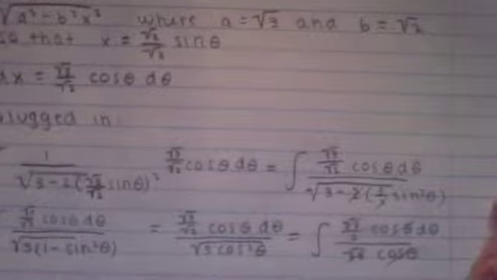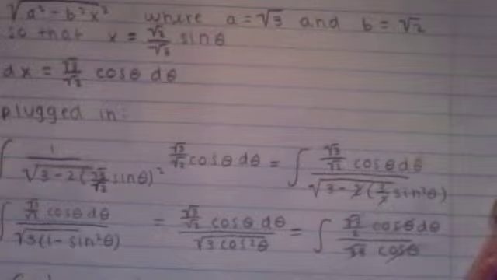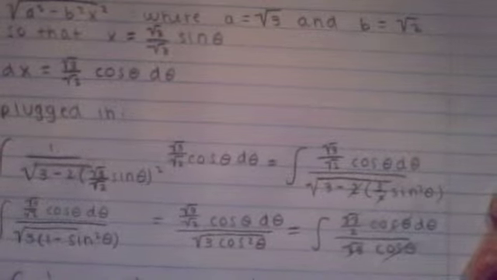Once you've plugged in cosine squared theta for 1 minus sine squared theta, you get the square root of 3 over the square root of 2 times cosine theta d theta over the square root of 3 times cosine squared theta. And then you do some more canceling out, and since you can separate the square root of 3 from the square root of cosine squared theta, you can ultimately get the square root of 3 times cosine theta on the bottom.